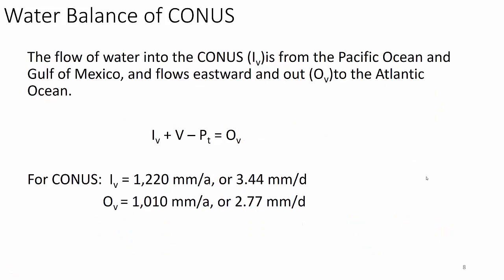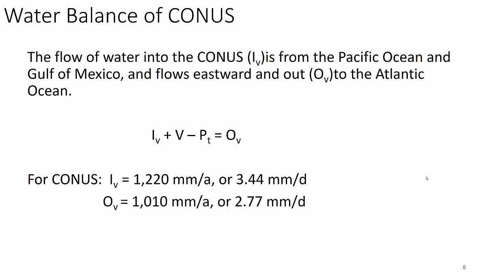Now, the inflow of water into the continental United States is from the Pacific Ocean and Gulf of Mexico. The oceans give us our water, and it flows eastward and out, OV, over the Atlantic Ocean. So IV, inflow from the Gulf of Mexico and the Pacific, plus vapor in the atmosphere, minus precipitation, equals what goes out.